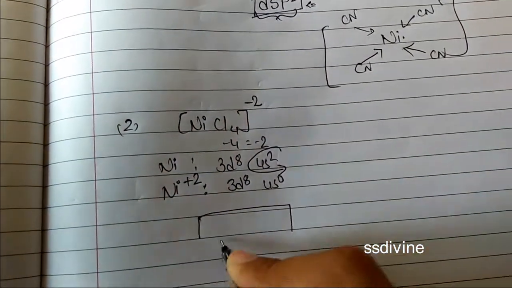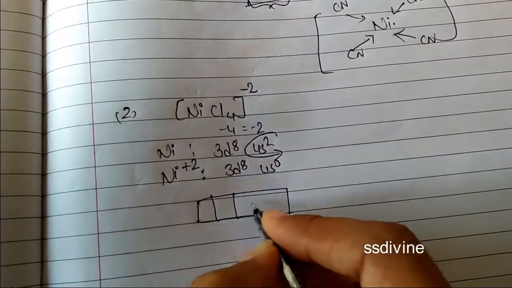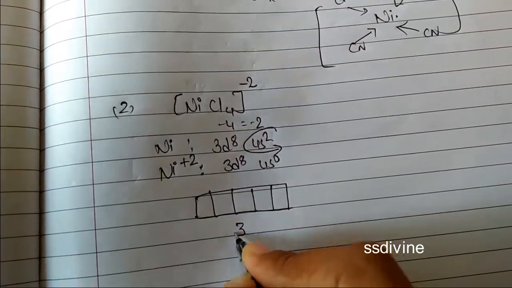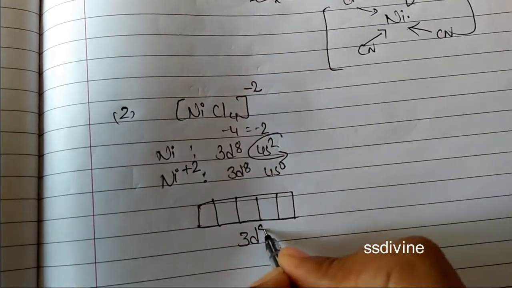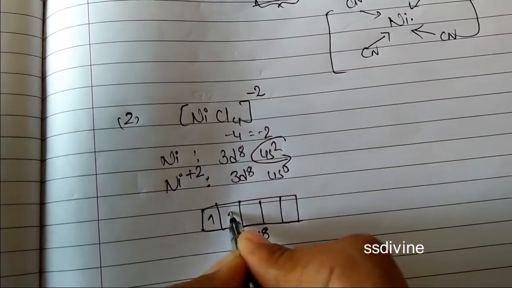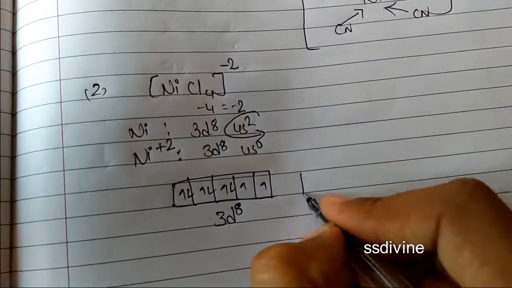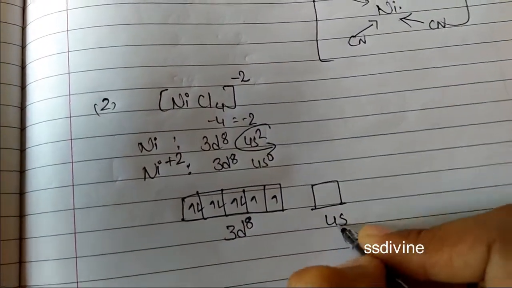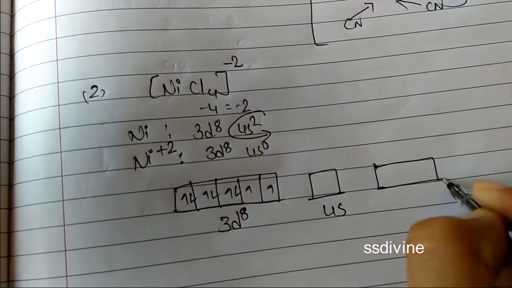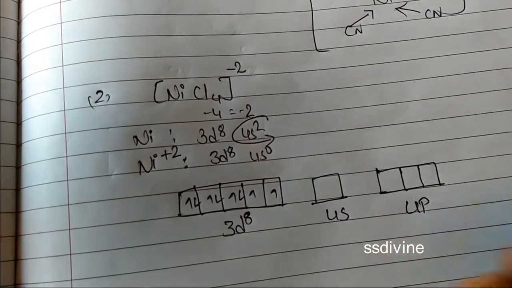So here you will get 3d orbitals, and 3d8, so 8 electrons, 1, 2, 3, 4, 5, 6, 7 and 8. The 4s orbital is empty and the 4p orbital is again empty.